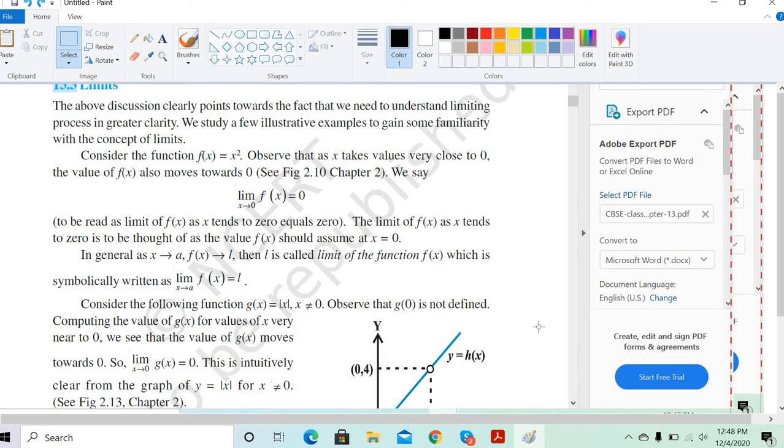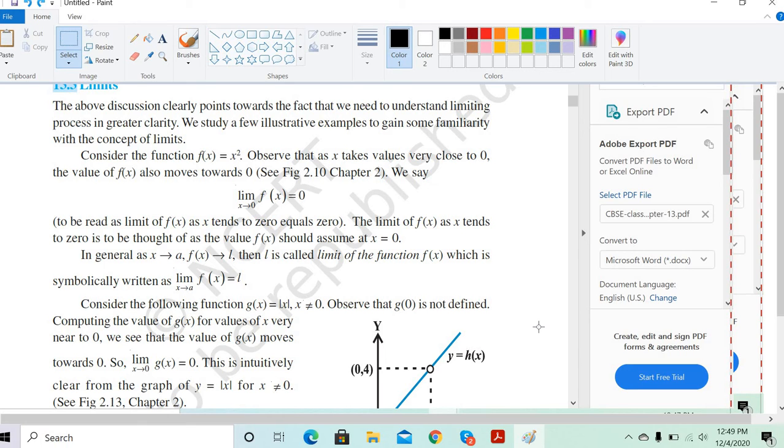You have written now limit x tends to 0, f of x equal to 0, right? Basically what it means is that x is tending to 0, coming closer to the value of 0. That means x can be 0.000001, or 0.005, 0.004, 0.003.